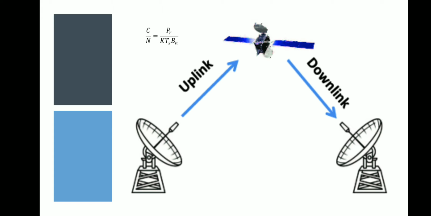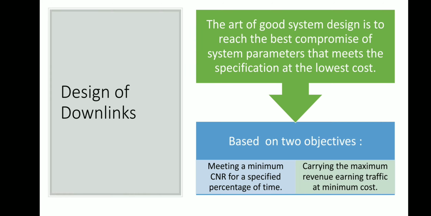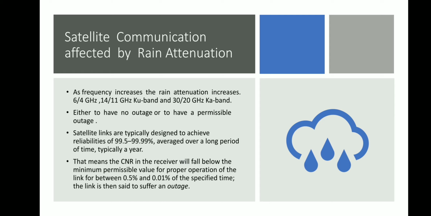This is something that we have already gone across in the last lectures. So talking again here, what can we expect? If the rain attenuation is increasing and C by N is decreasing, it might lead to decreasing the CNR below a permissible limit. So this might lead to an outage.